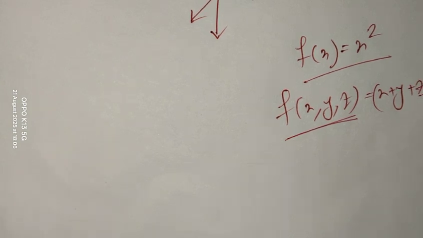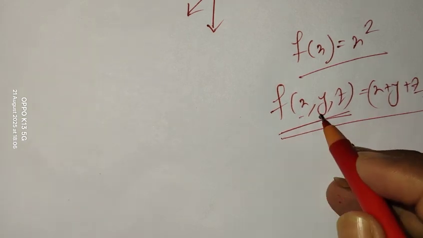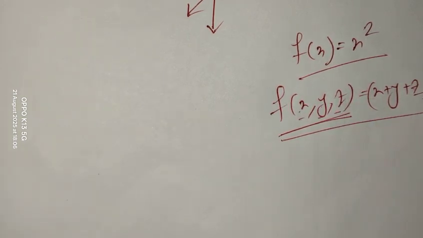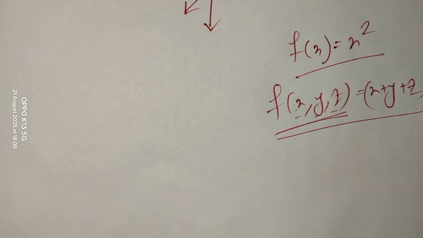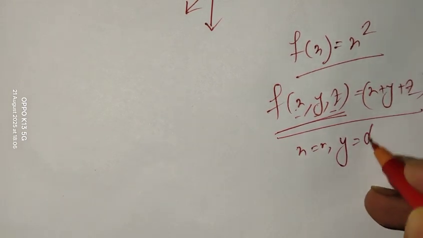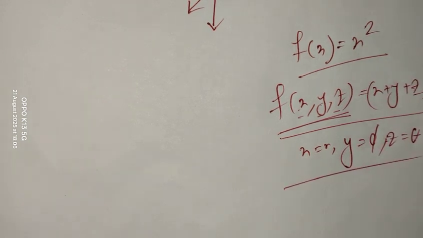Now what is a scalar function and what is a scalar point function? Both are the same. This is a scalar point function because it depends on the point, which is nothing but the x, y, z variables, where x, y, z are a point in Cartesian coordinates or polar coordinates. Let's say x equals r, y equals phi, and z equals theta. In that case, this is the polar coordinate.